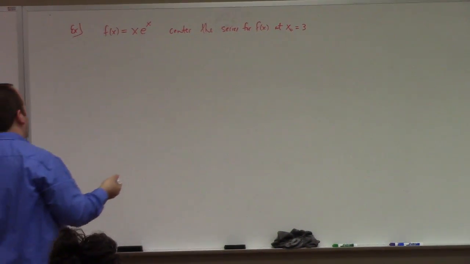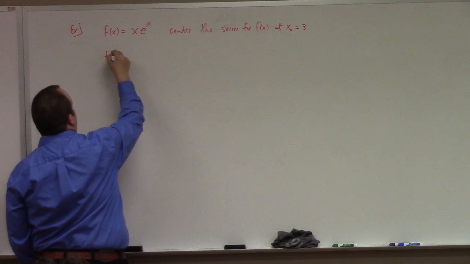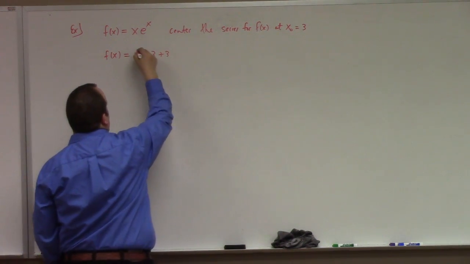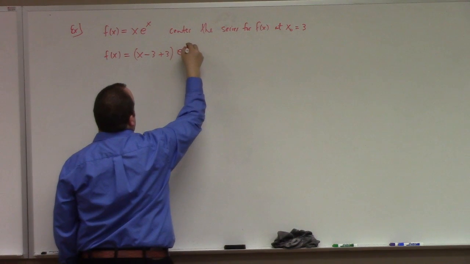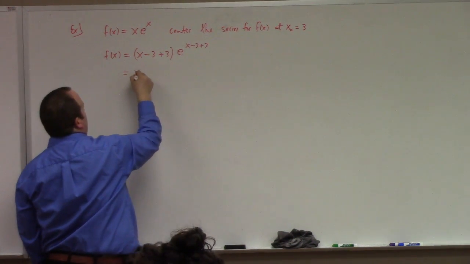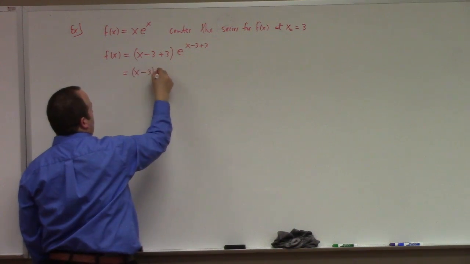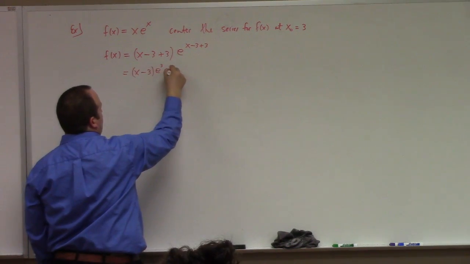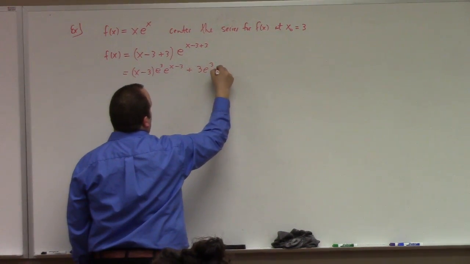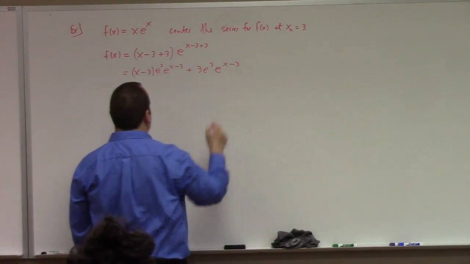But I think it's more fun, personally, to use this recentering idea. So that's x minus 3 plus 3, right? And then e to the x minus 3 plus 3. So I get x minus 3 times e to the 3 times e to the x minus 3 plus 3 e to the 3 times e to the x minus 3.